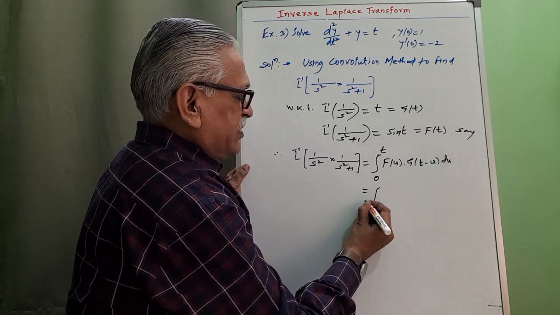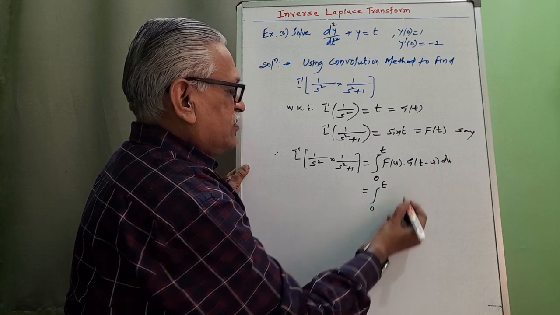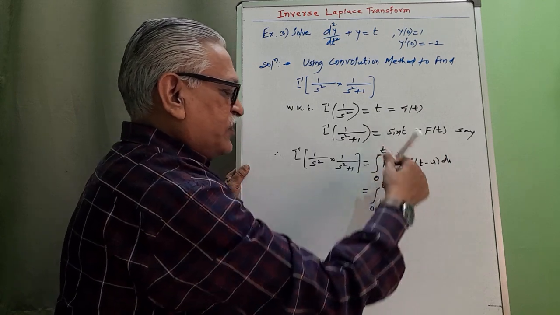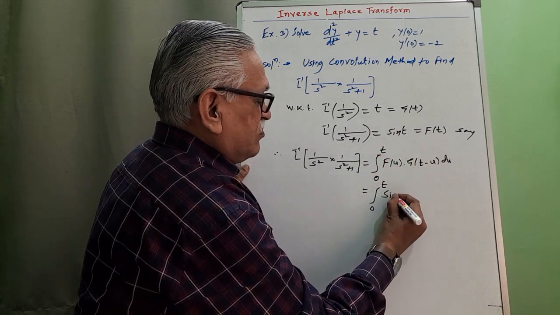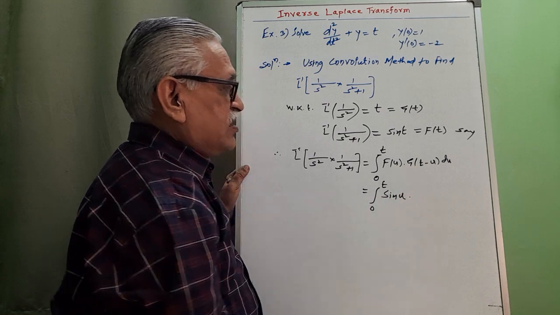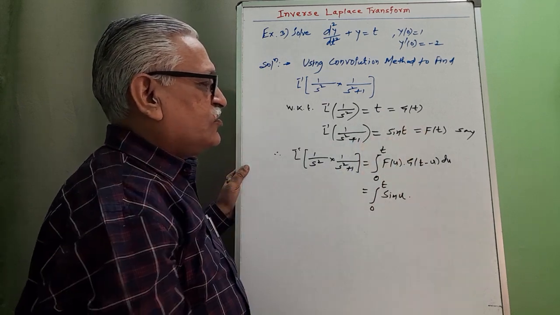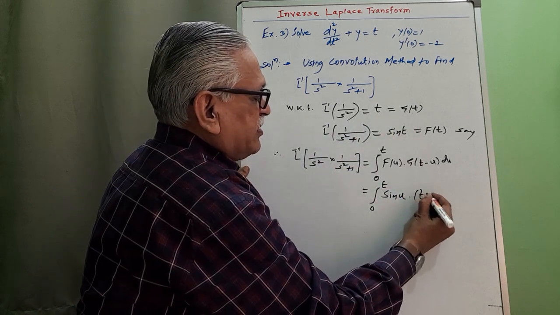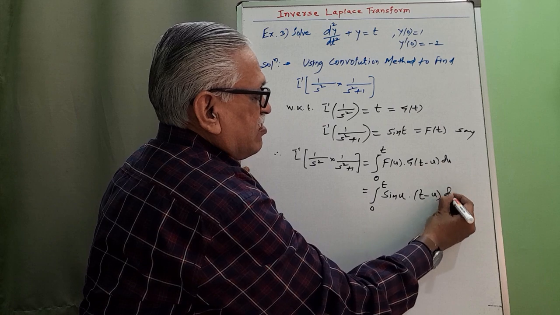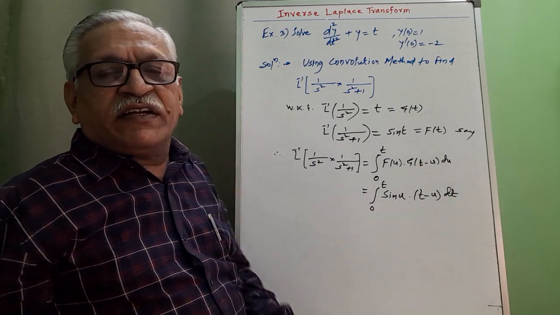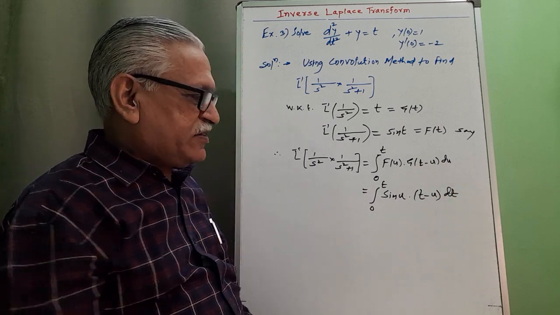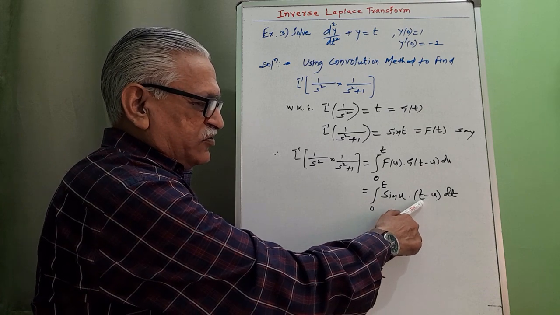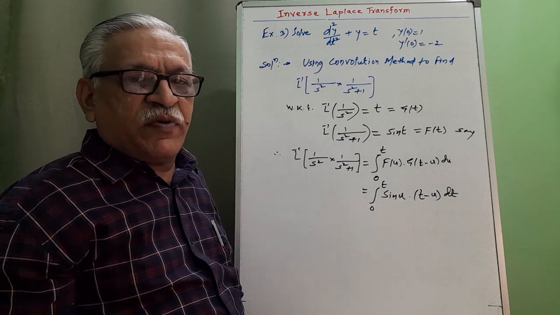And therefore, integration from 0 to t of f of u, replacing t by u, we get sine u, and g of t minus u, replacing t by t minus u, we get that term as t minus u. Integrating this product by generalized parts, t minus u is an algebraic term, sine is a trigonometric term.